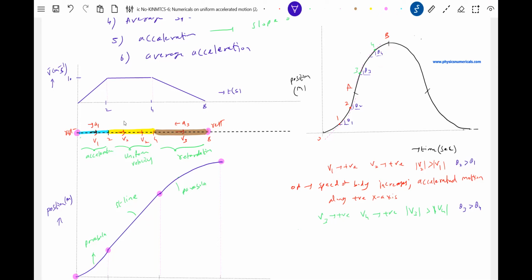So what is the type of motion for AB? Speed of body decreases. So what can we write? Retarding motion along positive x-axis. The body is moving, the speed of the body decreases. So what is the type of motion? Retarding motion along positive x-axis.